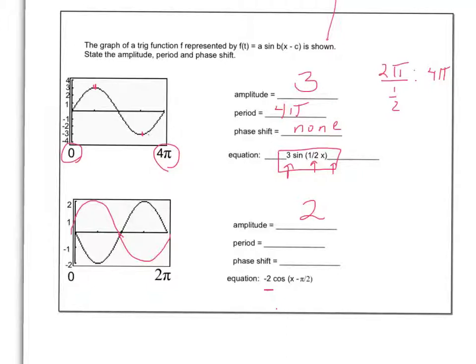The other thing that happens with the cosine in this case, because when I drew that red graph, it almost looks like sine, but this minus pi over 2 tells us we're moving right pi over 2 units. So what that means is, instead of starting cosine at 0, I'm really starting the cosine at pi over 2.